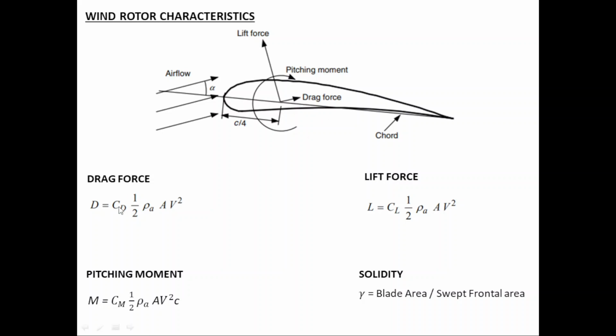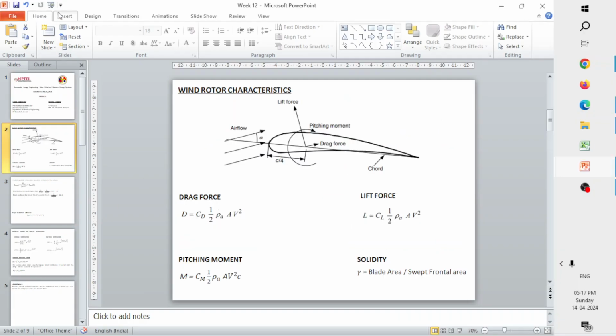So this is about the drag force, and this is the expression: D is equal to CD times half rho A V square. Here CD is your drag coefficient.